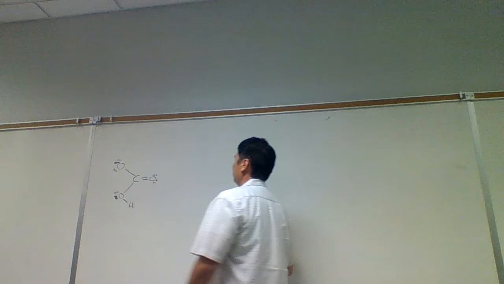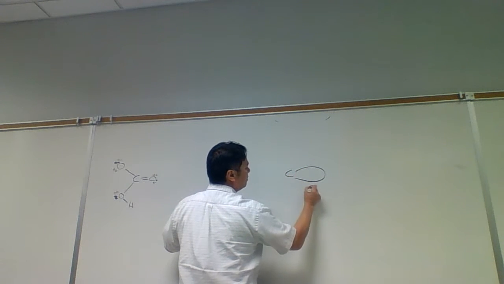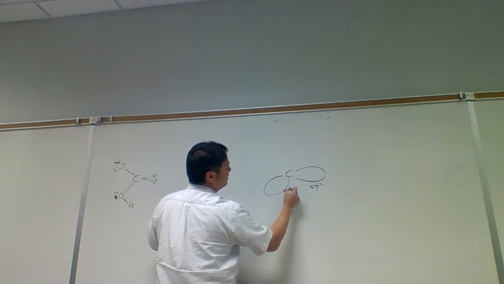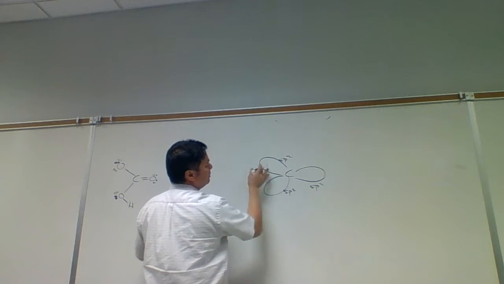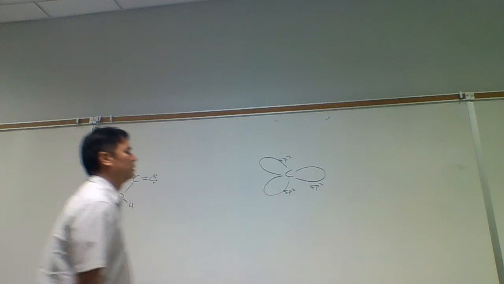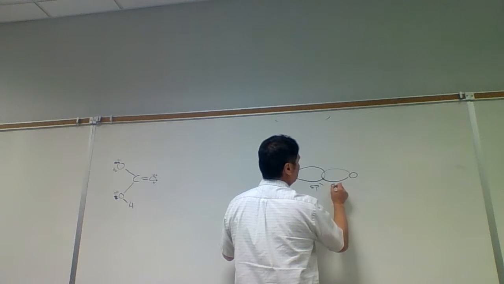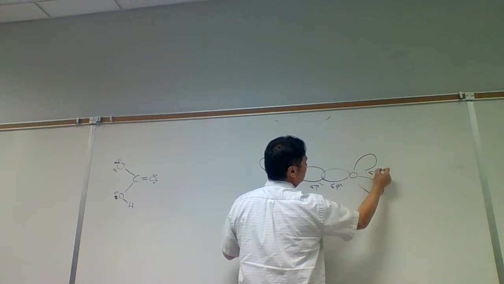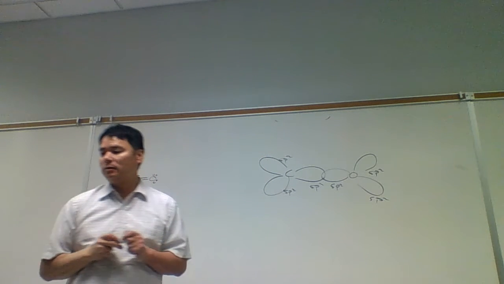If I draw this, I'm going to have the carbon with sp2 here in the plane, and then another sp2 at 120 angle in the plane, and another sp2 at 120 angle in the plane. These should be equal in size, but drawing's not so great. And then I got an oxygen with an sp2 here, and then two sp2s in the plane. Okay, now where's the p orbital?